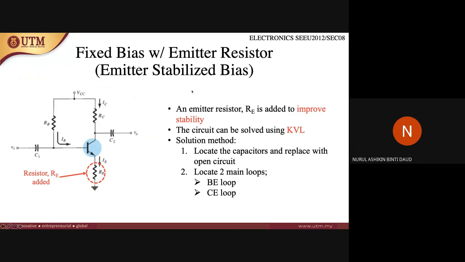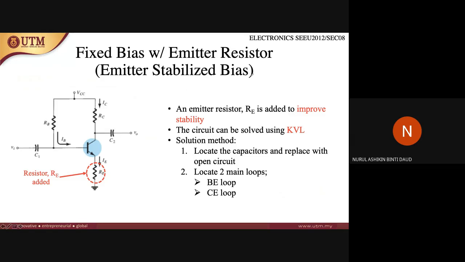The beta value can change when the temperature changes, so it is not stable enough. So to make the circuit stable, emitter stabilized bias is introduced.